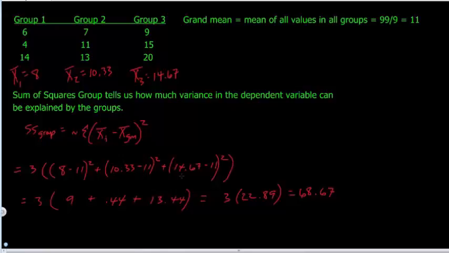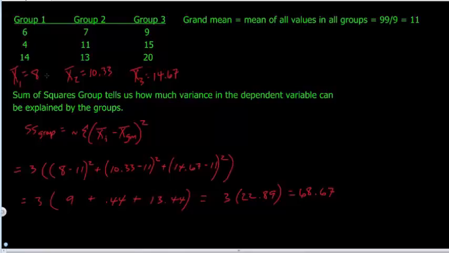And the third one is 14.67 minus 11 squared. And this n right here is what you multiply all of these squared deviation scores by. It happens to be how many numbers make up the means that we're subtracting from the grand mean.